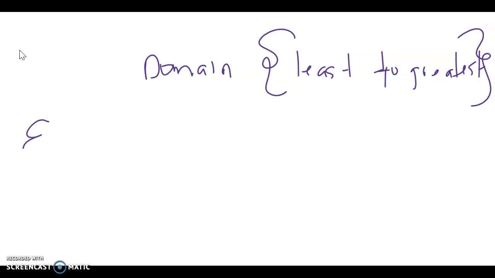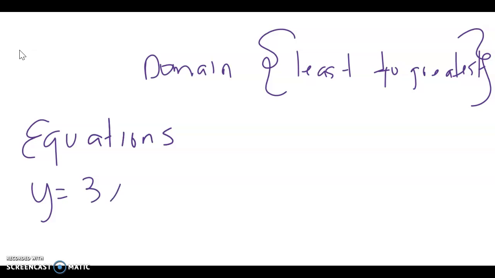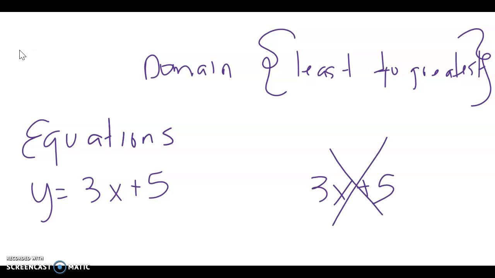We have gone over this in earlier units when we talked about equations and expressions. And if I ask you for an equation or a rule, y equals 3x plus 5, great. If you write 3x plus 5 as your rule, that's not an equation. And it specifically said state an equation.